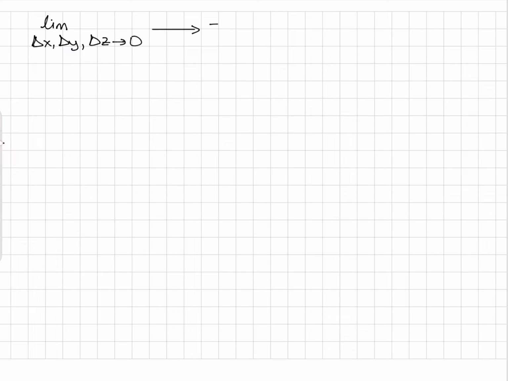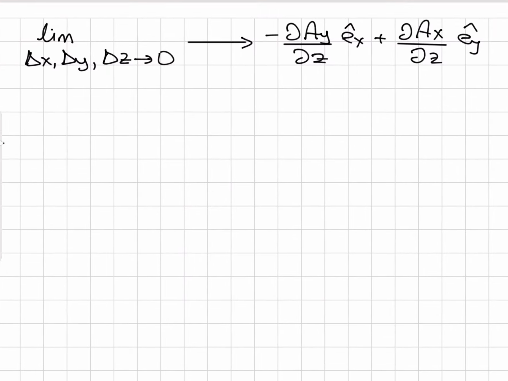This becomes minus the partial derivative of AY with respect to Z in EX hat direction, and then plus the partial derivative of AX with respect to Z in EY hat direction.